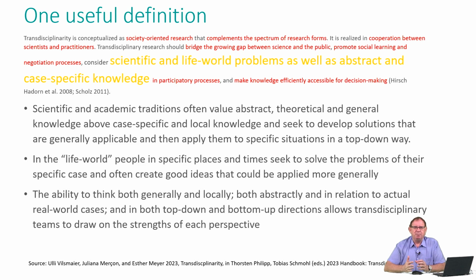So we need the ability to think both generally and locally, and to think both abstractly and in relation to actual real-world cases and situations. We need the ability to think in both top-down and bottom-up directions. And we need the ability to allow transdisciplinary teams to draw on the strengths of all of these different perspectives.